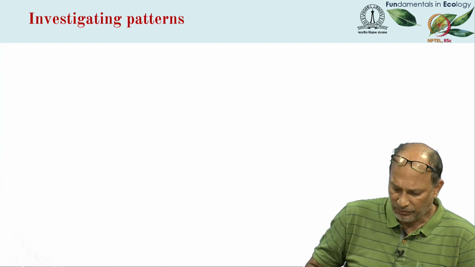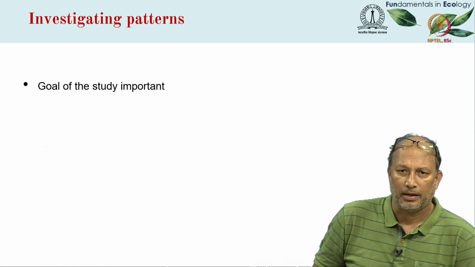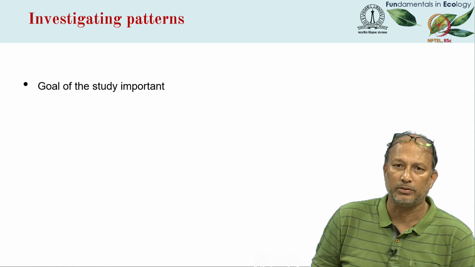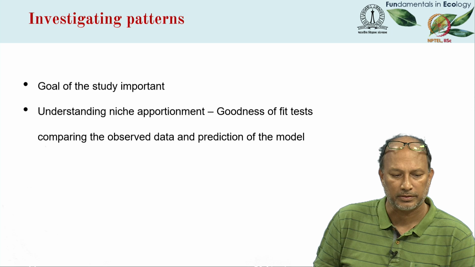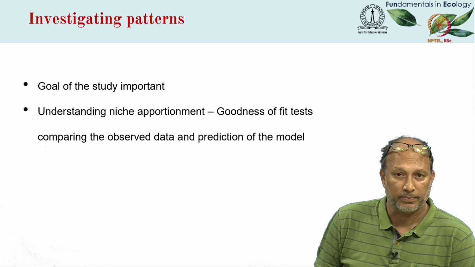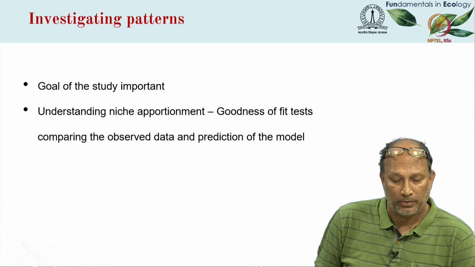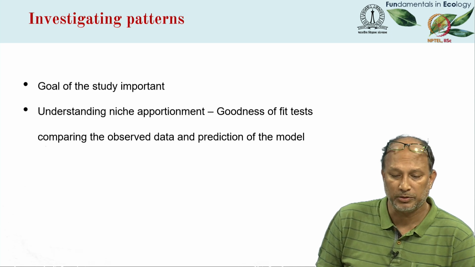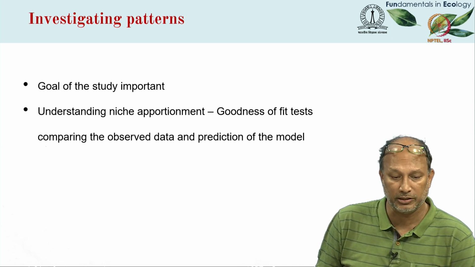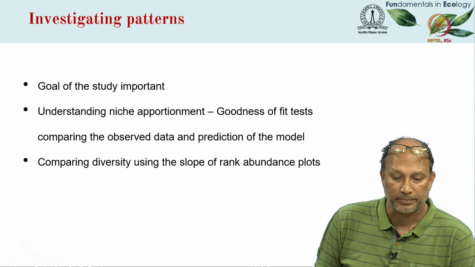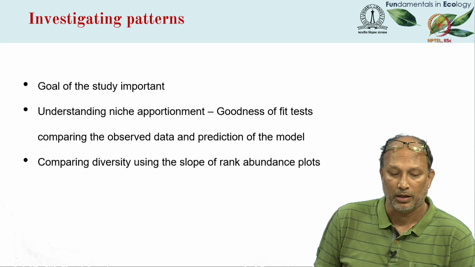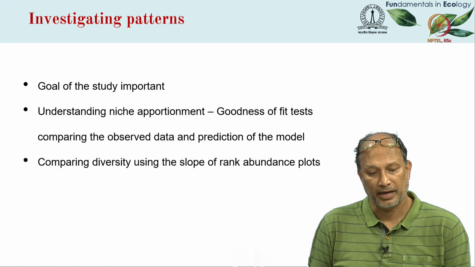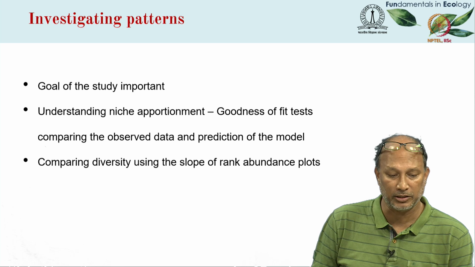So, as we've said repeatedly, it's really important to identify what the goal of the study is. Goodness of fit tests have been used to compare observed and predicted values of the model to understand niche apportionment. Diversity has been derived from the slope of rank abundance plots.